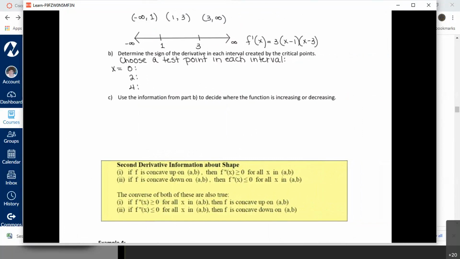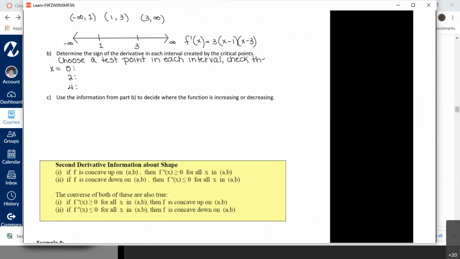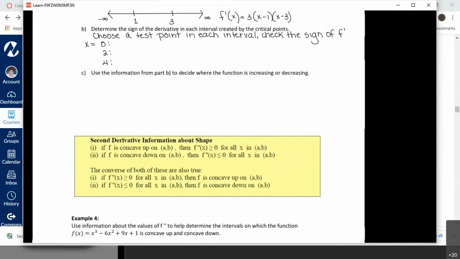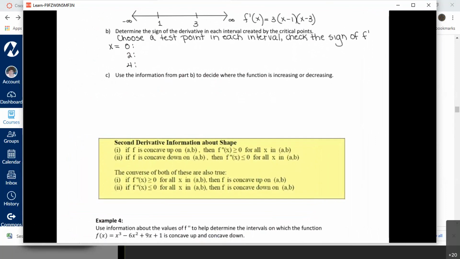All I care about is the sign of the derivative. So choose a test point, and check the sign of f prime evaluated at that point. I just want to know what the sign of it is.